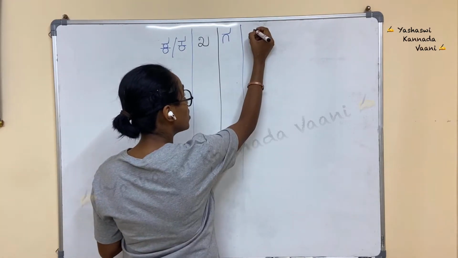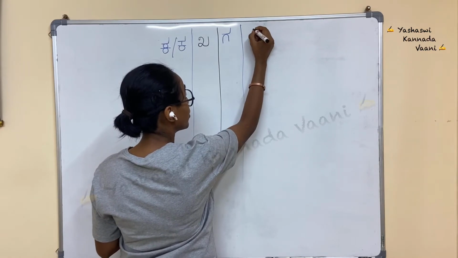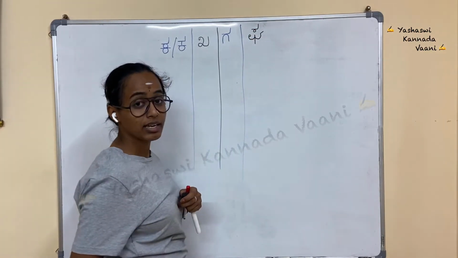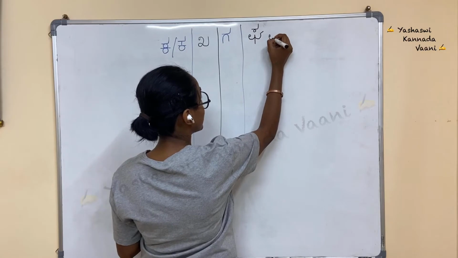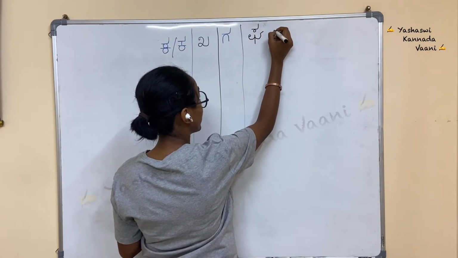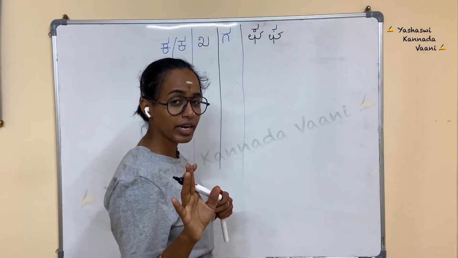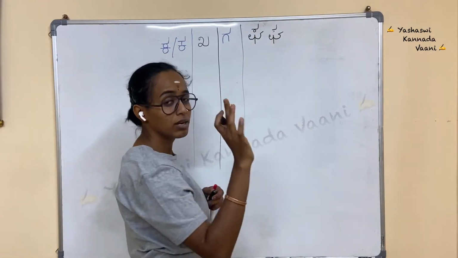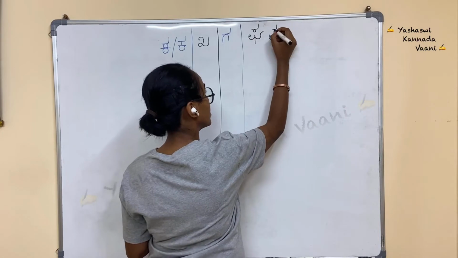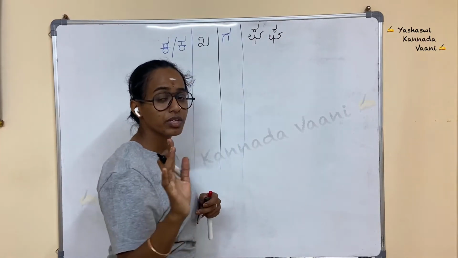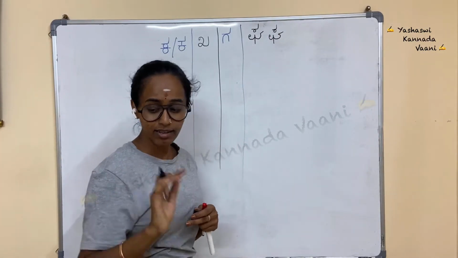Now draw a small circle. Then draw Tale. Put Tale. Most of the time I see that children write like this. This is in your textbook. This is right. But when you are writing in the books, do not put the dot. Please don't put dot. Draw circle, which is very good. Clear? Yes.